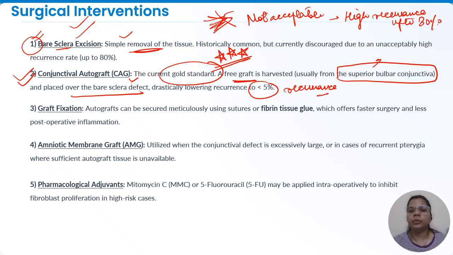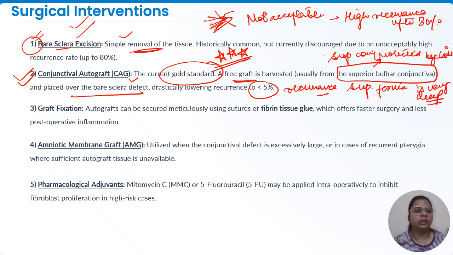Why do we take it from the superior bulbar conjunctiva? Because the superior conjunctiva is protected by the lids, and also the superior fornix is very deep, so we can take it from the superior part.